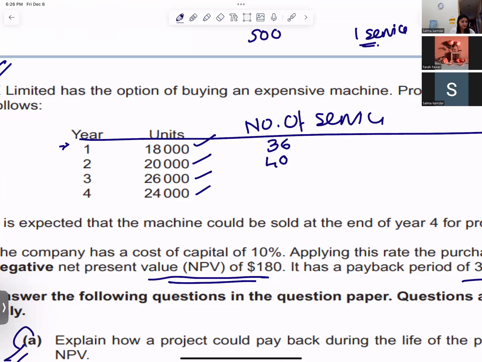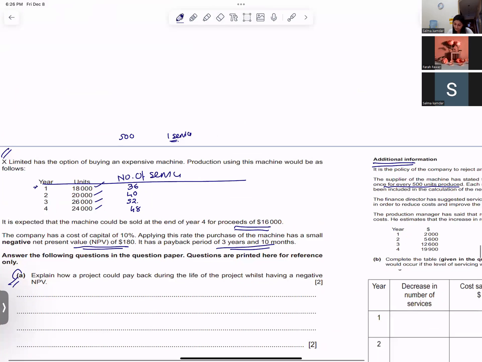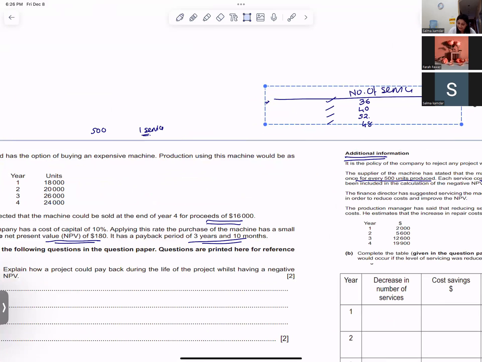In the third year, 52. And in the fourth year, I would need 48 services. You with me? Yes. Okay, so this is the number of services that I would need.